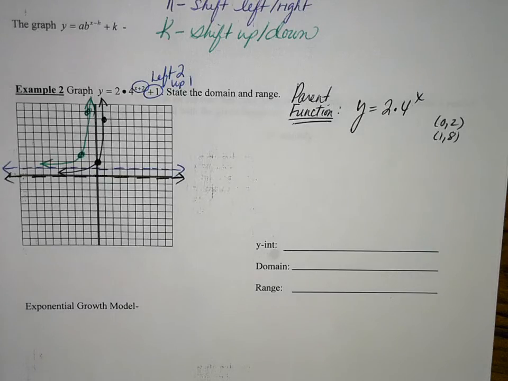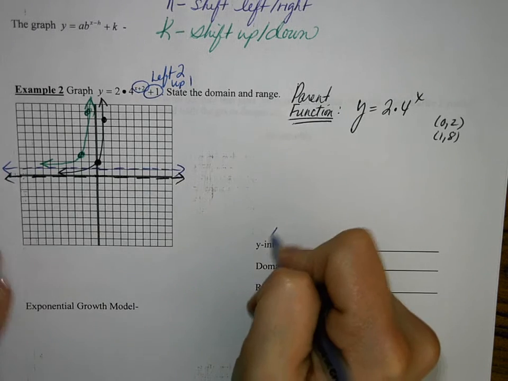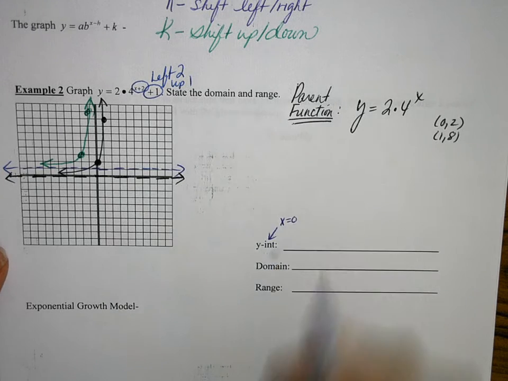Okay, so y-intercept. Does somebody have a thought about the y-intercept in this situation? Where does this graph cross the y-axis? 17, 26, 39. Okay, let's think about what we know from Algebra 1. What do we always know about the y-intercept? X is always 0, okay? So my y-intercept, I always know that the x is 0.